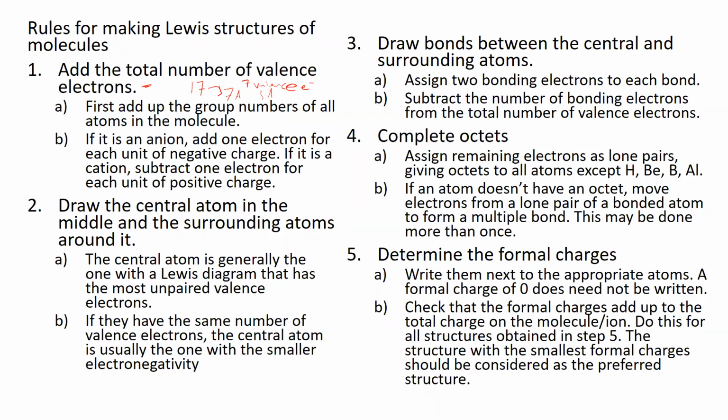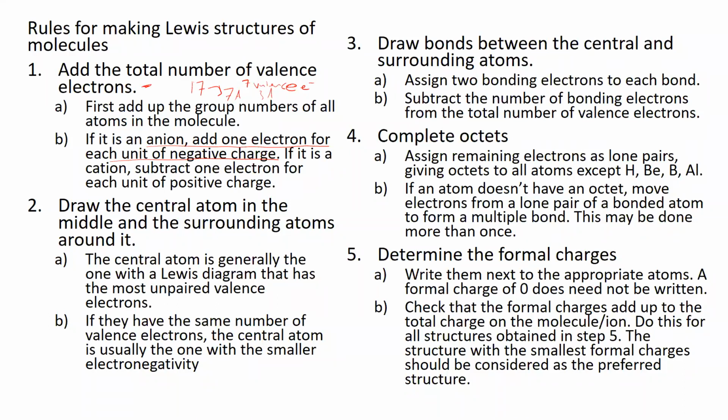Okay, so you're going to add up the group numbers of all the atoms, and that'll be the total number of valence electrons in the molecule, unless it's an anion or a cation. If it's an anion, you're going to add electrons: if the charge is -1, you add 1 electron; if the charge is -2, you add 2 electrons; if it's a -3, you add 3 electrons, etc. If it's a cation, you're going to subtract the number of electrons equal to the charge.